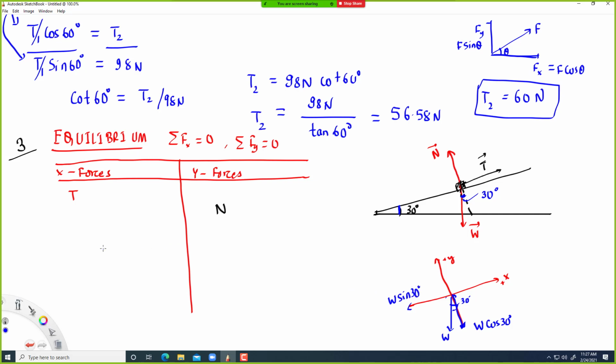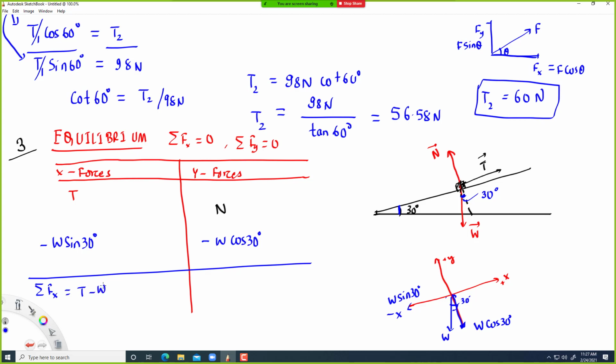So for weight, we have the x component, W sine 30 degrees, and it is pointing to the negative x-axis, so we need to write a minus sign here. And W cosine theta is pointing down, so we need to put minus W cosine 30 degrees. Now add all the x forces: T minus W sine 30 degrees.